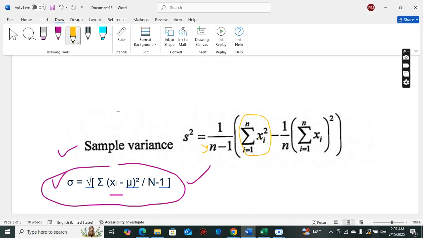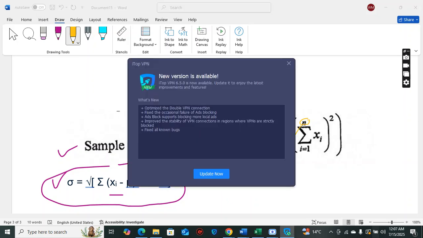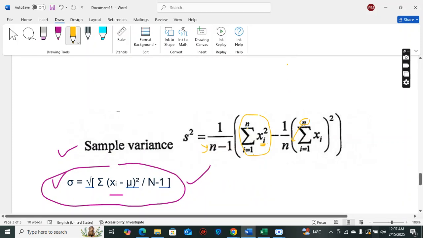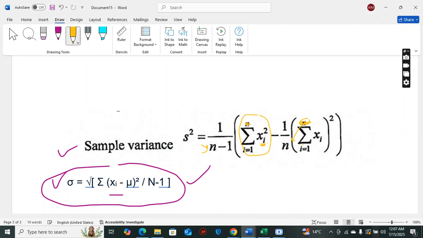You can't write x1 plus x2 plus x3 plus x4 plus x5, so they'll put xi. And this n is still this n here. Just ignore these. Even in your formula, you don't need to put this.